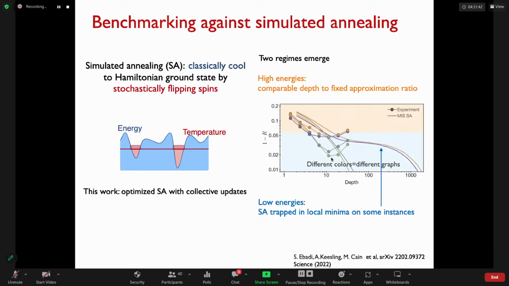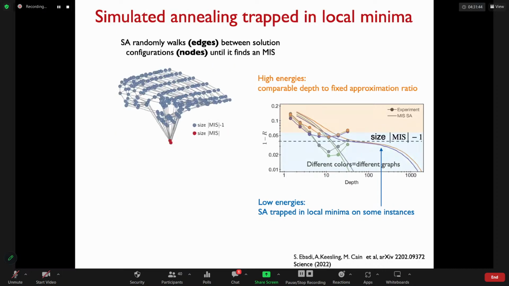So what's going on? What are these special graphs? These are graphs which are actually hard for simulated annealing. They have a lot of approximately good solutions, where the cost function is almost optimal but not quite, but they have very few actual solutions.